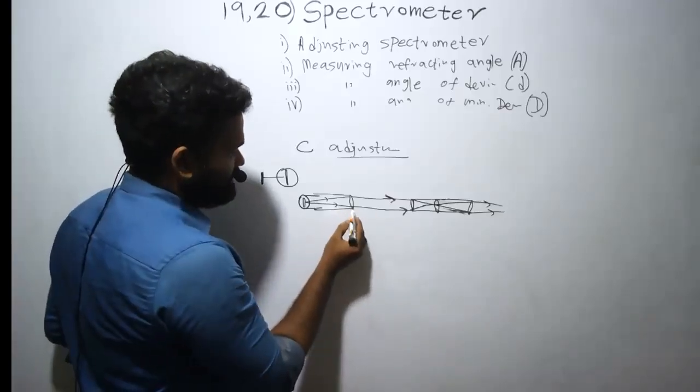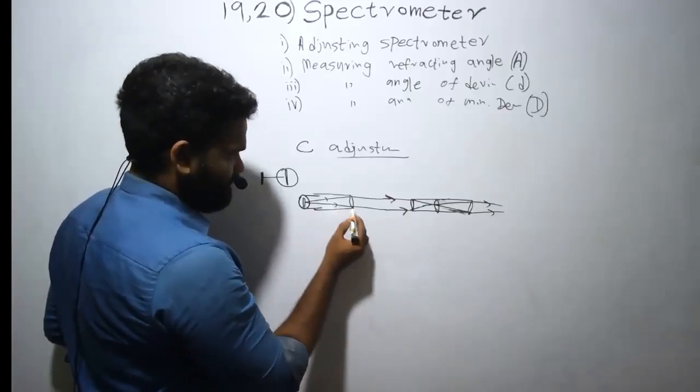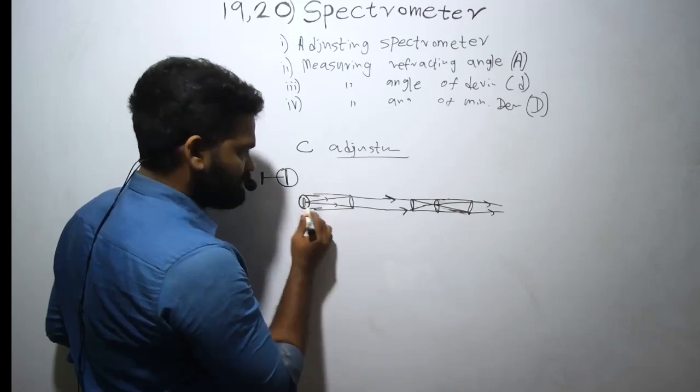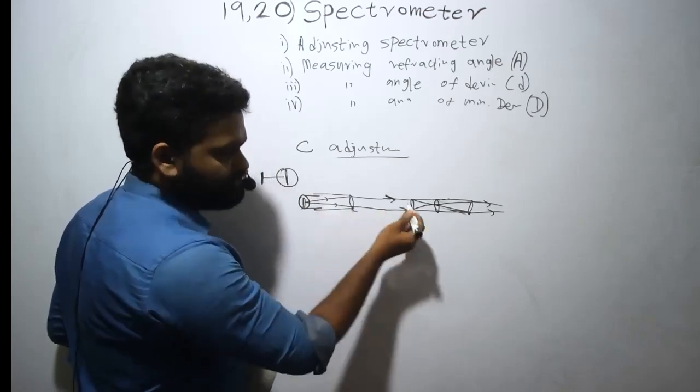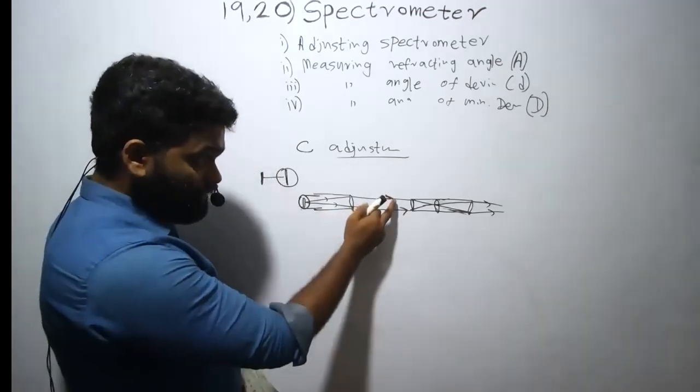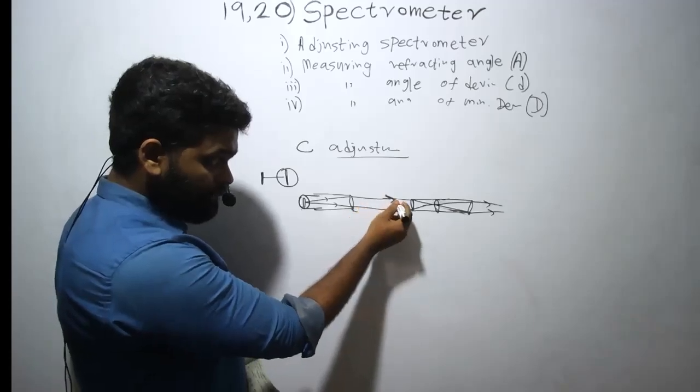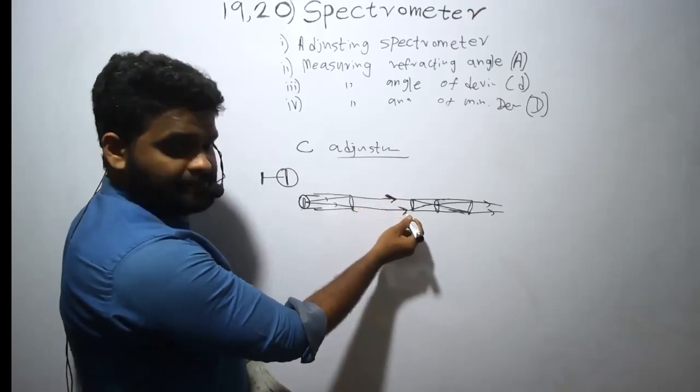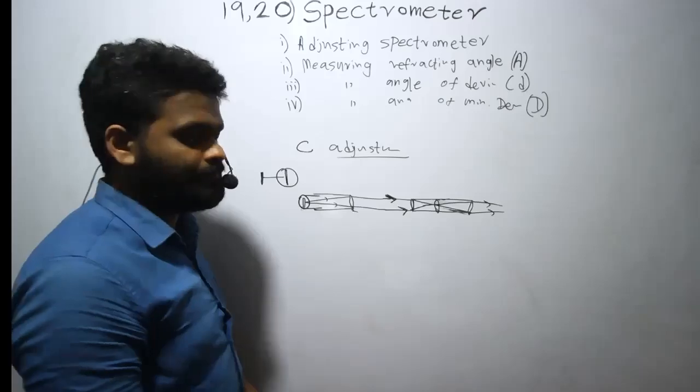So by changing the distances, you can produce the parallel light.